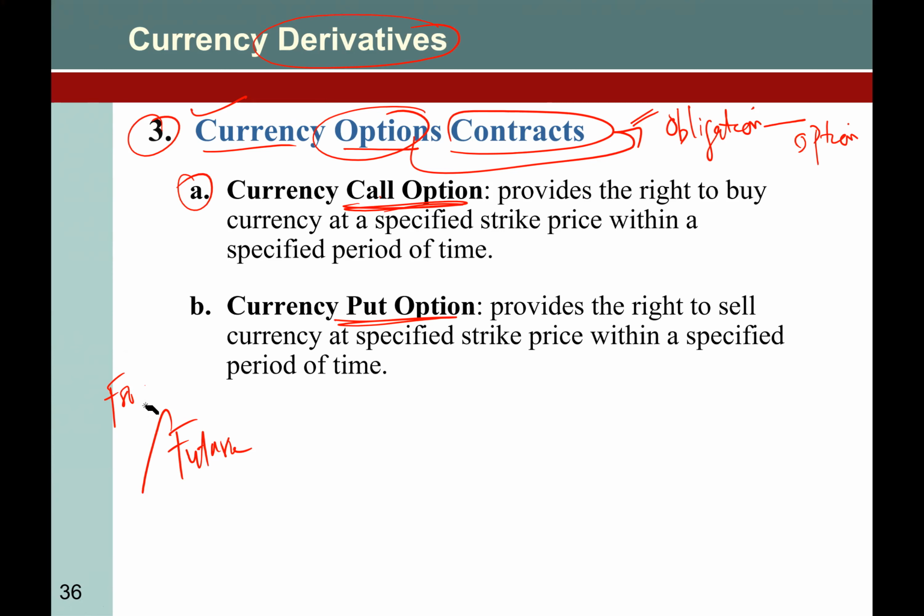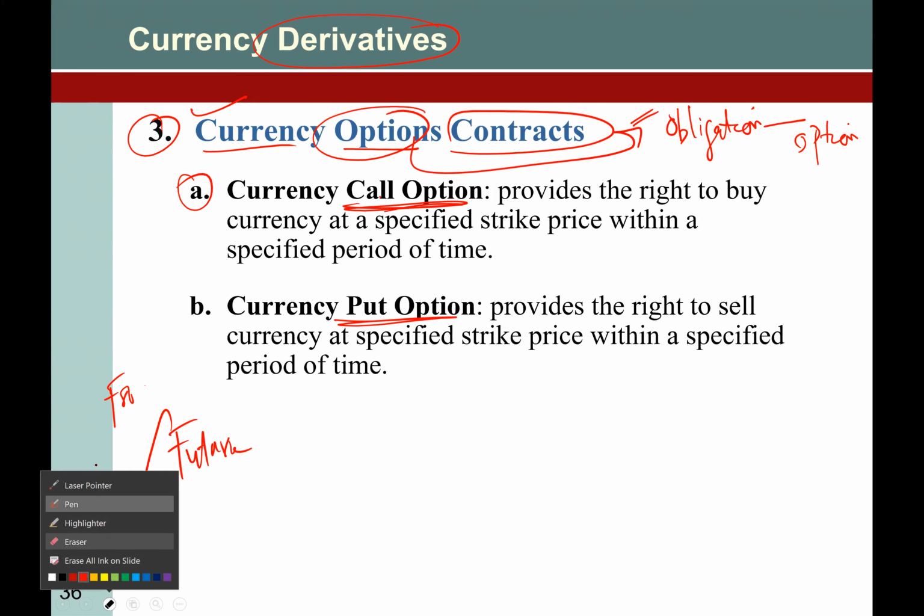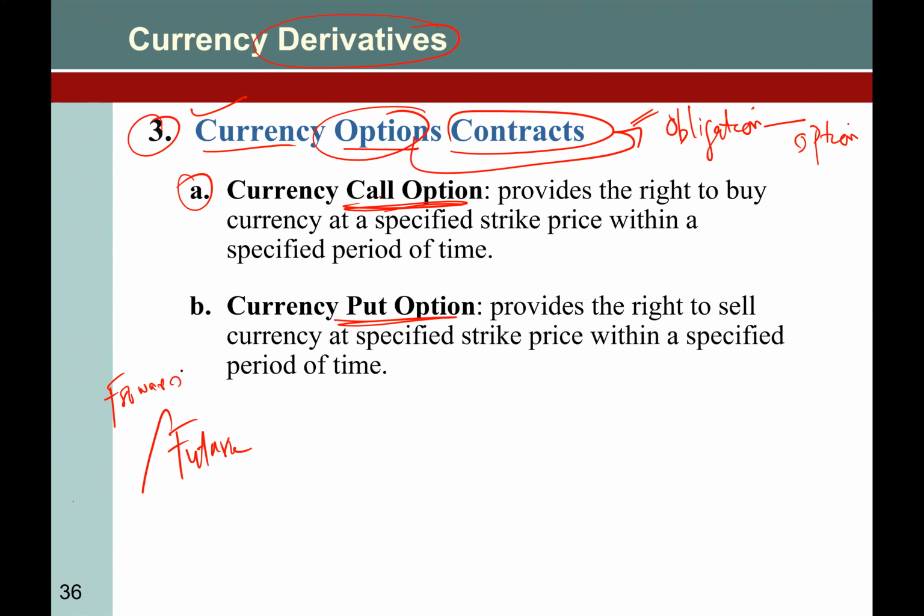Yeah, here. So in future or forward, let me just write it down, forward as well. Two parties, and at every corner there is obligation.